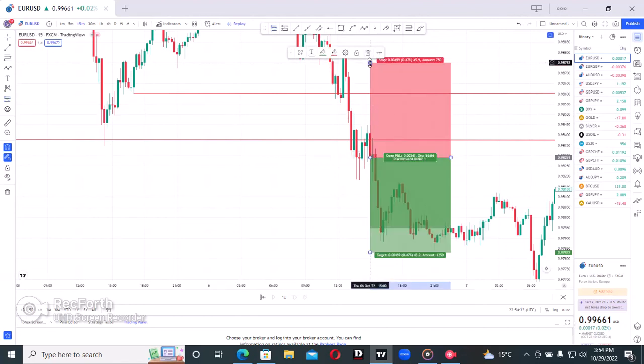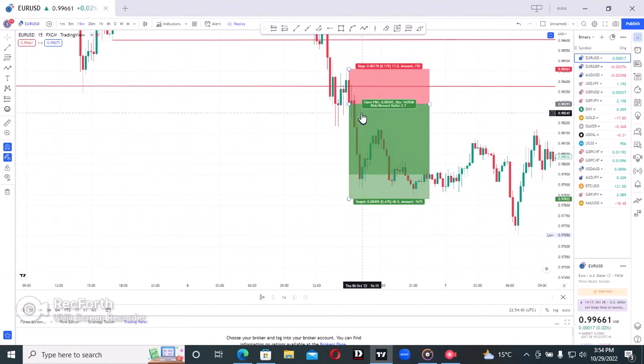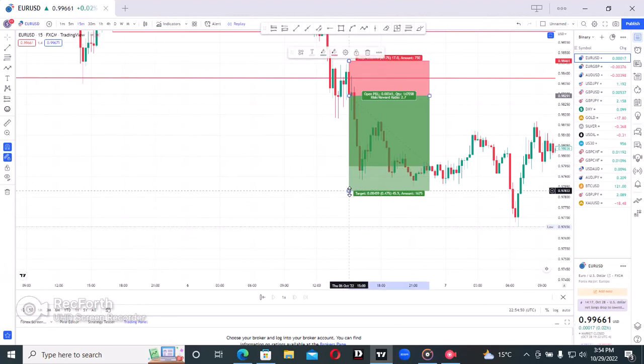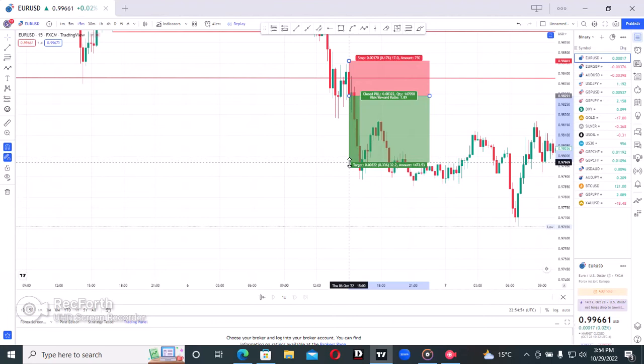I told you that you have to learn candlestick patterns so that it will be easier for you to trade in this kind of market. So you can see that we have a retracement. You put your stop loss above this engulfing bar, and then I usually use a risk and reward ratio of 2.